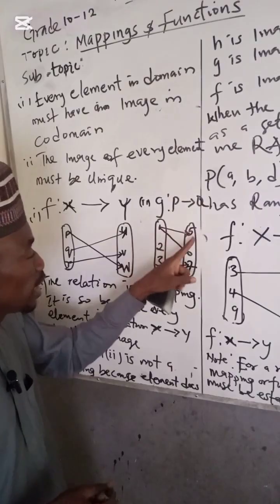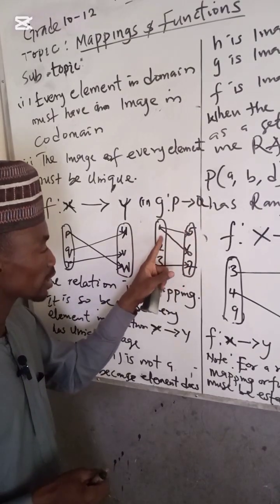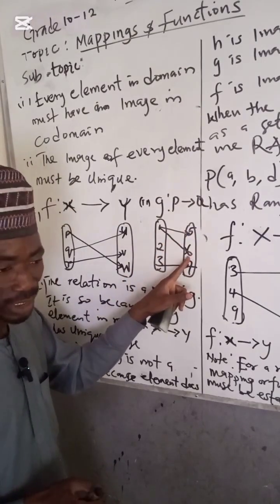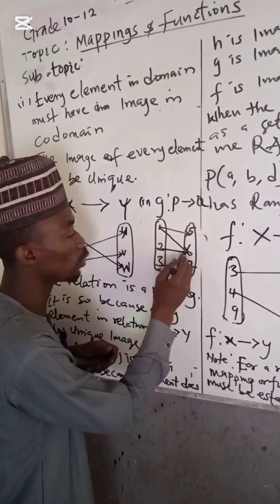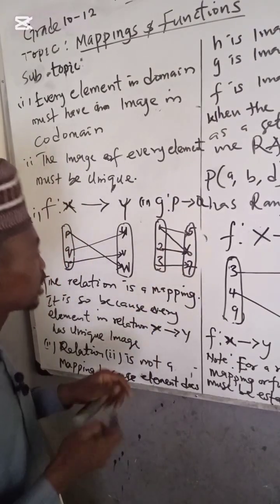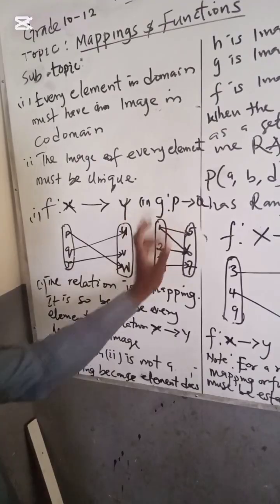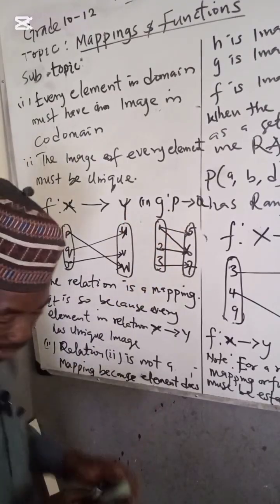Element 1 has an image 5 and it also has an image 6. It shows that it doesn't have a unique image. Therefore, relation 2 is not a mapping.